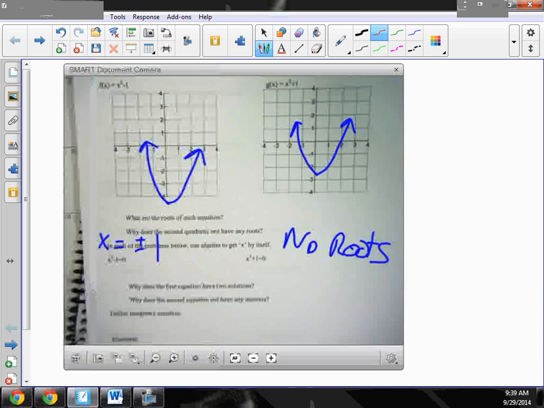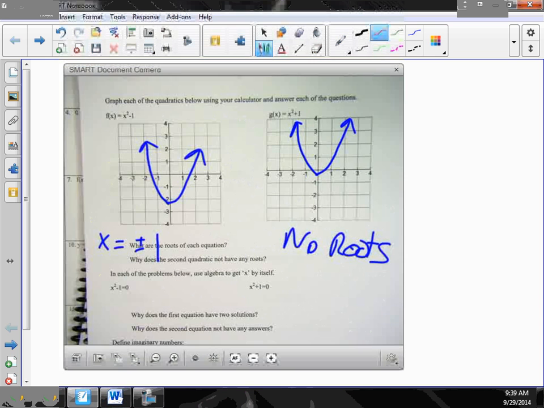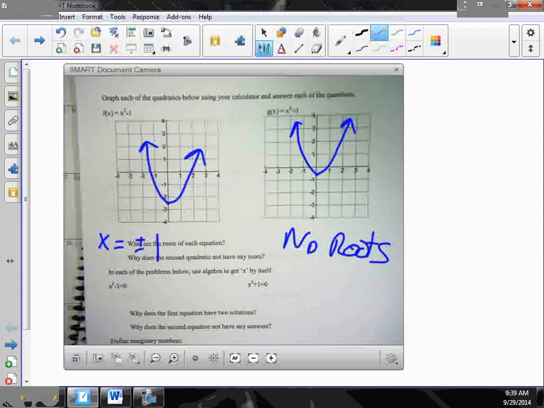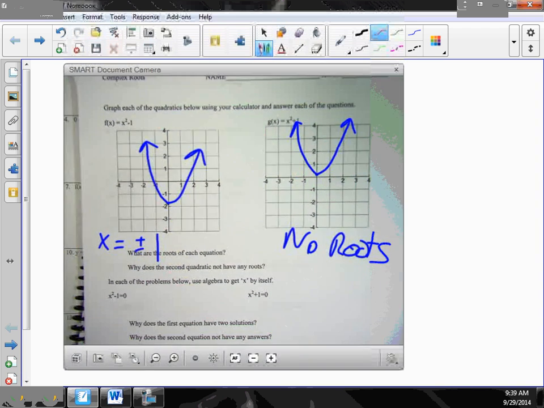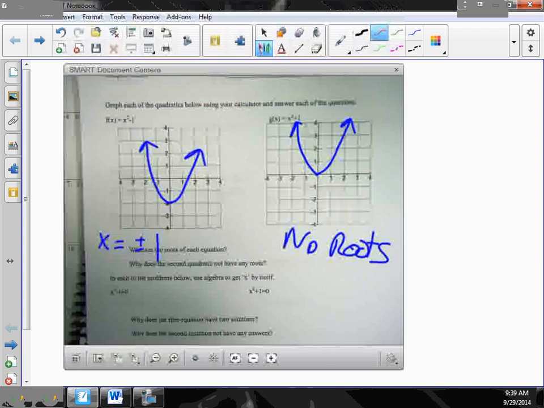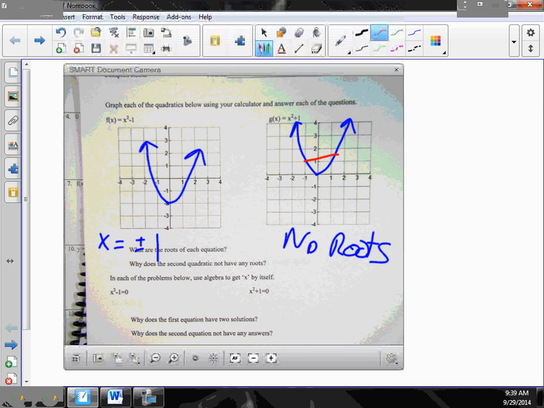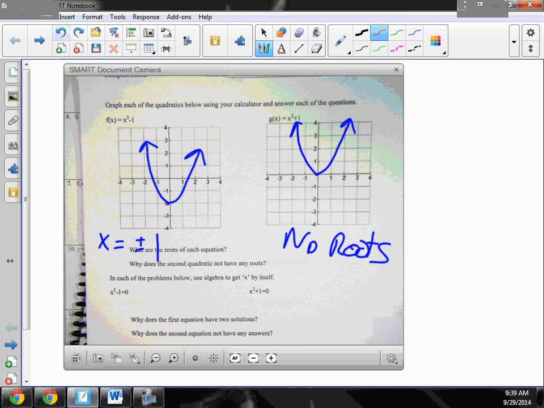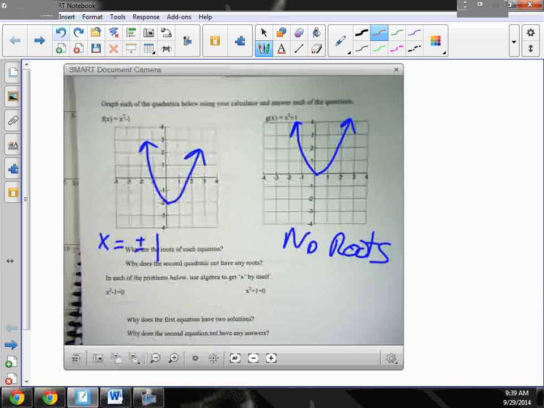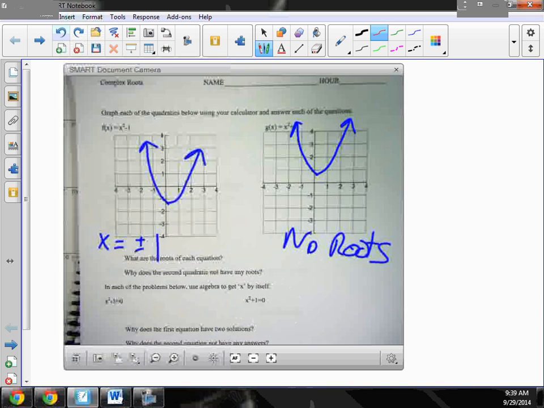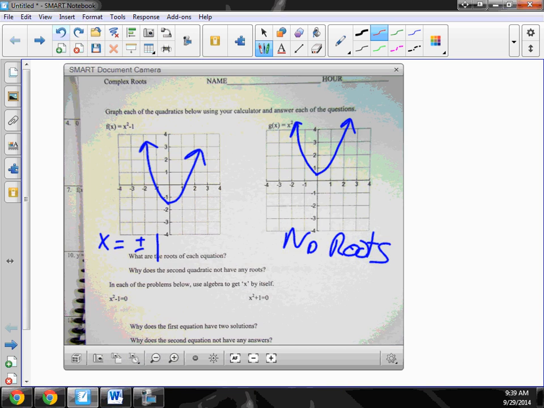Do you see any similarities between those two graphs? Those two graphs are actually the exact same shape.